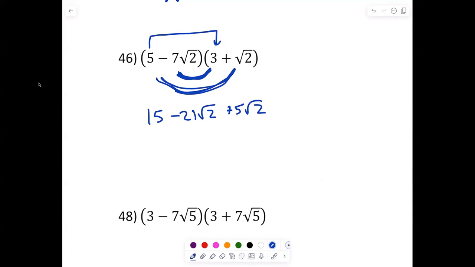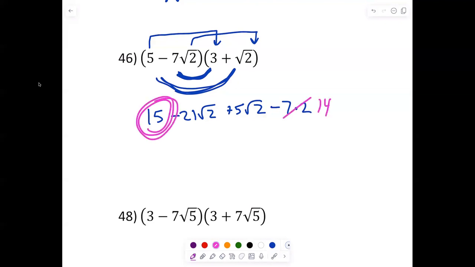Now, you got to be careful. This times this. 14. Is it going to be minus 7 times 2? I like what you said, 14. All right, but I just was showing everybody 7 times 2. But square root of 2 times square root of 2 is 2. Does everybody agree? And now 7 times 2, he said, was 14.